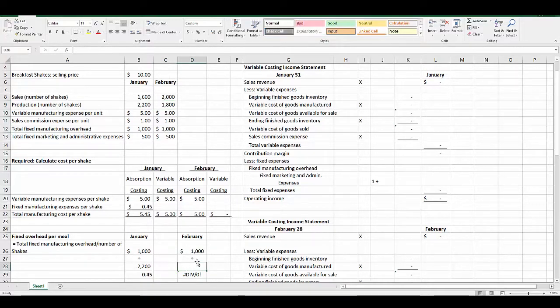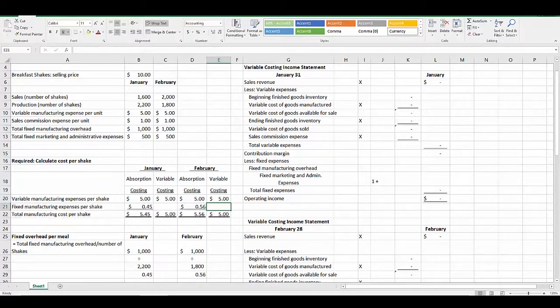That's going to give you a fixed cost on a per unit basis of 56 cents. And then the variable costing again is just the $5. So now you can see obviously your cost per shake is higher when you're looking at absorption versus variable costing. That is the first step in this process, to calculate your cost per unit under both methods.